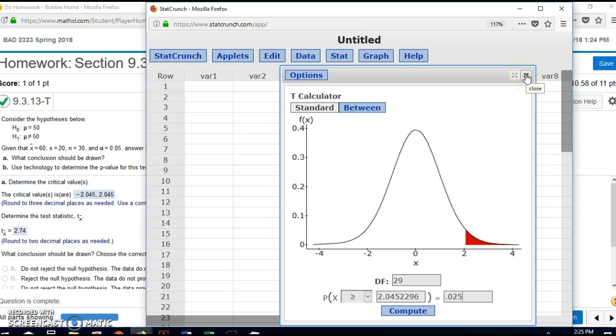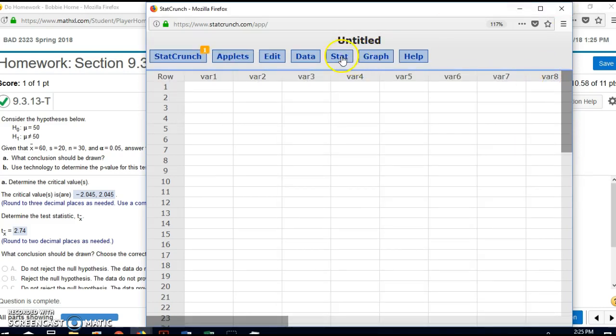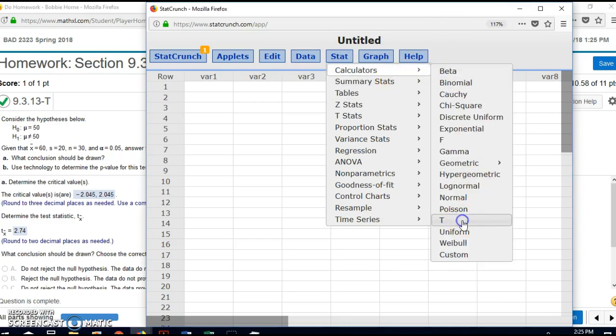Now to determine the test statistic, let's just do the way we've been doing it. Calculator.